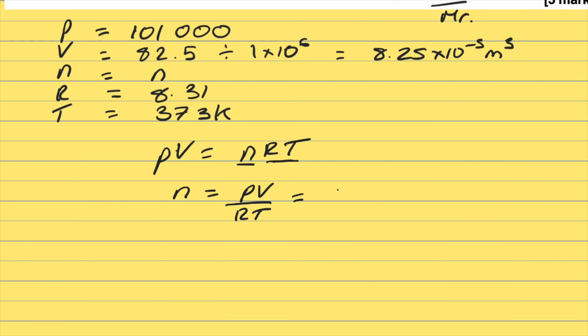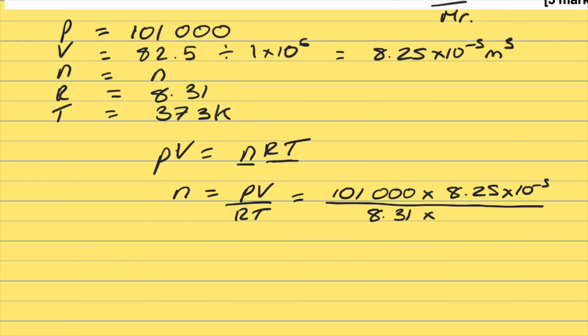So then I just pop my numbers in. 101,000 times 8.25 times 10 to the minus 5, all divided by 8.31 times 373. Put that into your calculator and you should get the number of moles to be 2.688 times 10 to the minus 3. Leave that in your calculator, okay?